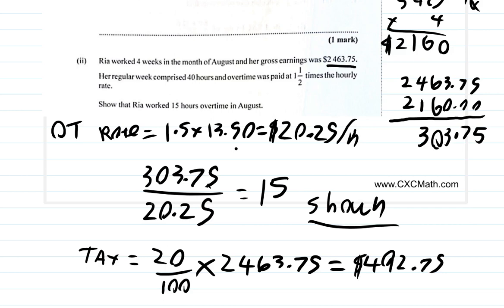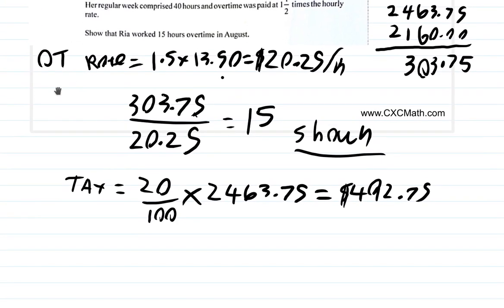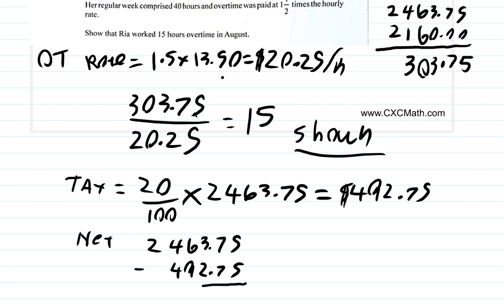That's the tax. So the net income after tax would be $2,463.75 minus $492.75. How much does that leave?